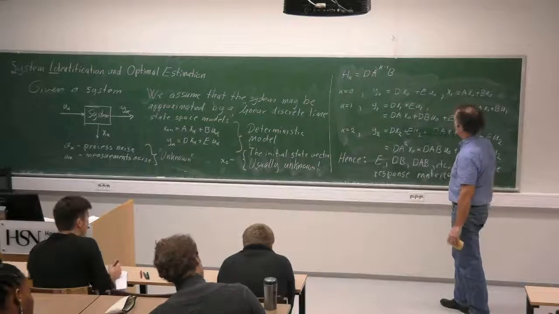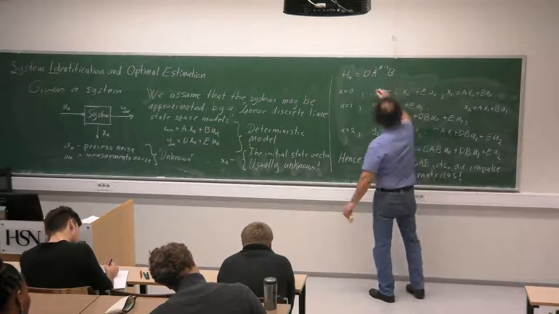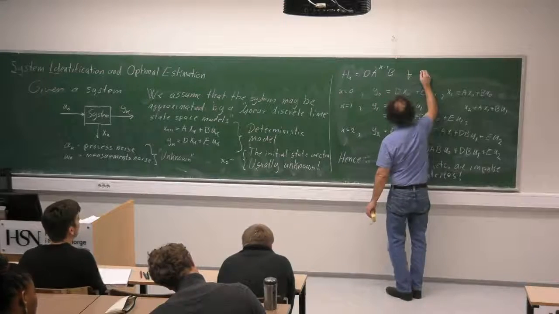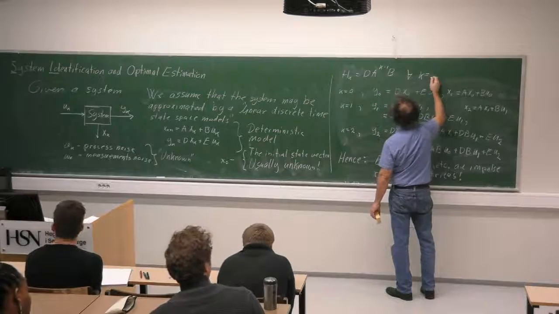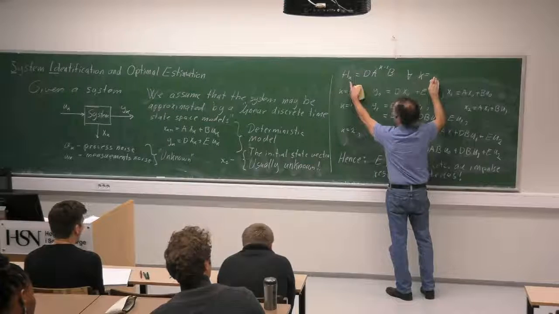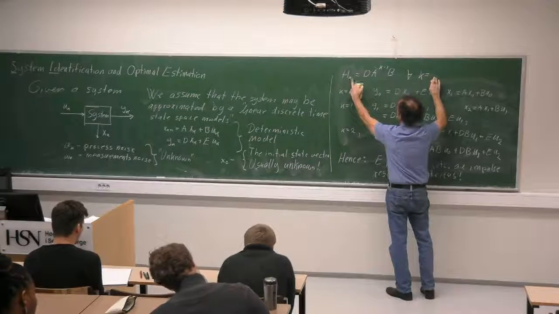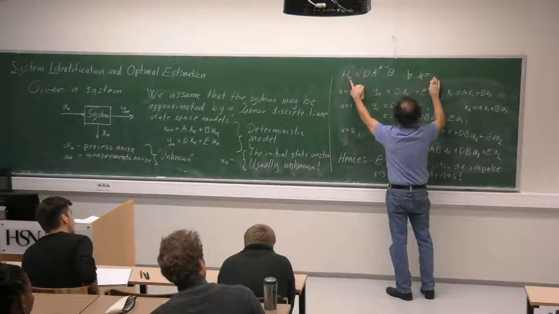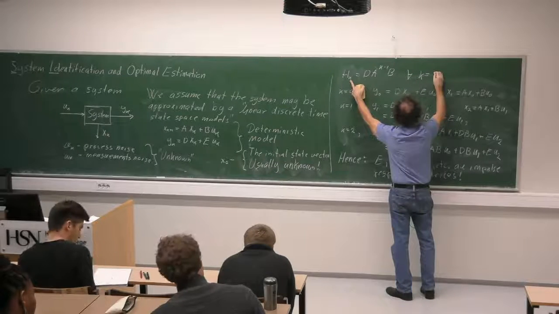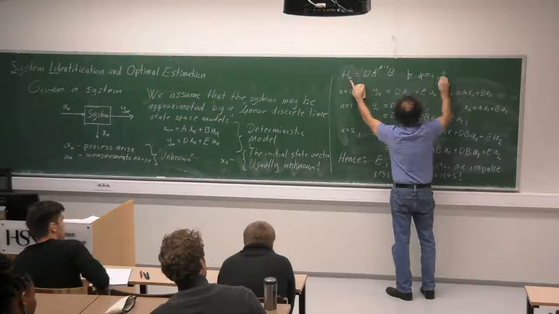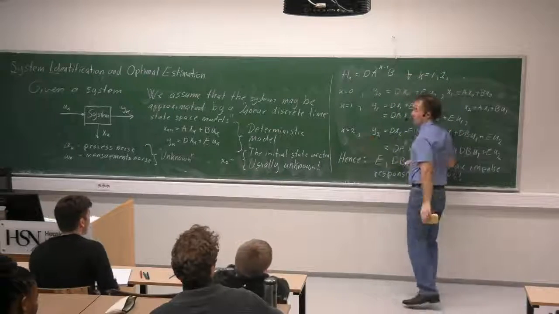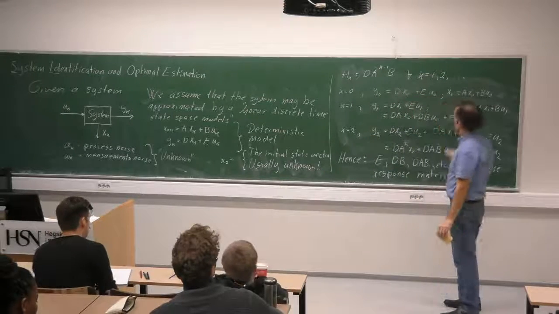And we can continue, of course, and then we will find this one. And we can have here for all k's, I could have used a different integer here. But anyway, from time 1 on, we have impulse response matrices.